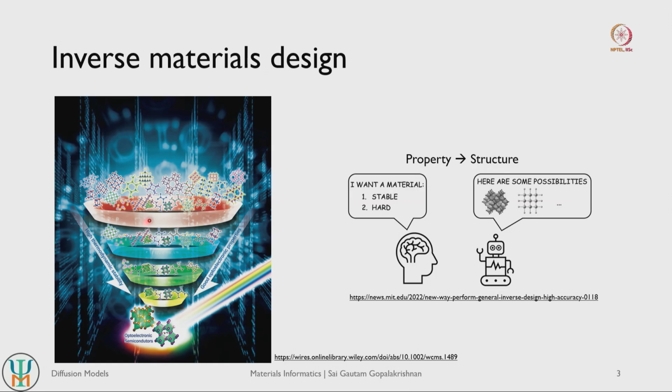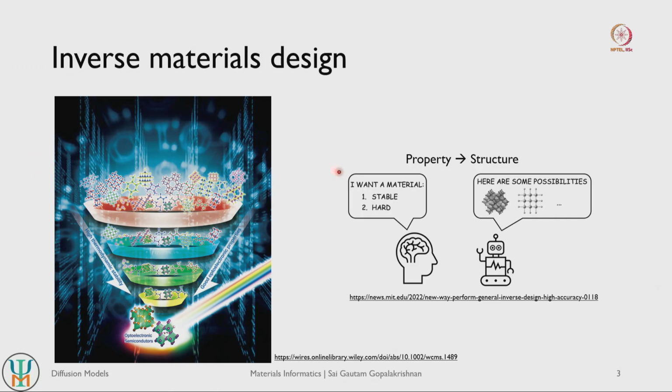One filter can be thermodynamic stability, another filter can be band gap, another filter can be excited state properties and so on. You filter them through progressively more difficult to compute properties, and finally you hope to identify a few candidate materials which can be tried out in the lab for experimental validation. This filtering approach, or high throughput approach, is what is referred to as conventional materials design.